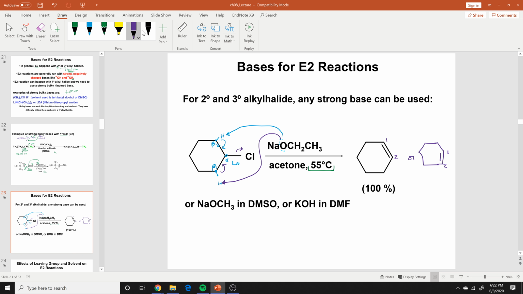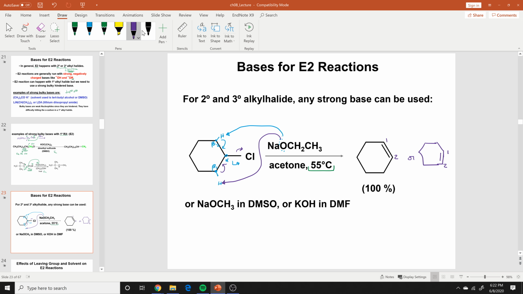With respect to the solvents, they have to be polar aprotic solvent in order for the reaction to happen fast. Now, this doesn't mean that I cannot use polar protic solvents. No, I can use polar protic solvents in SN and E2 mechanisms.